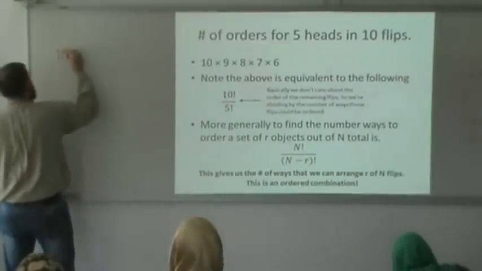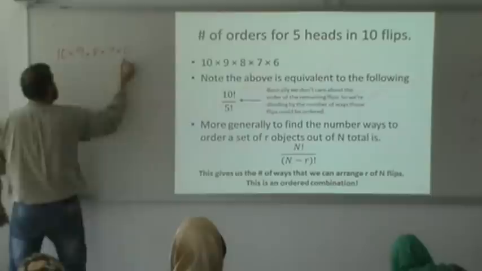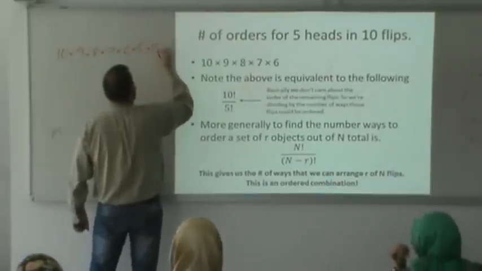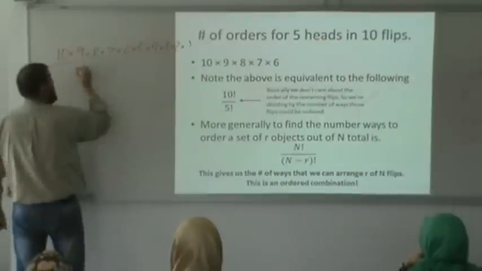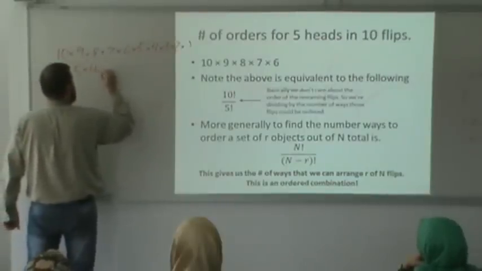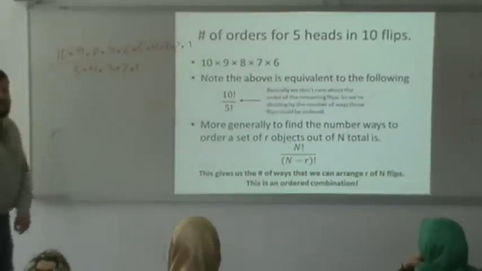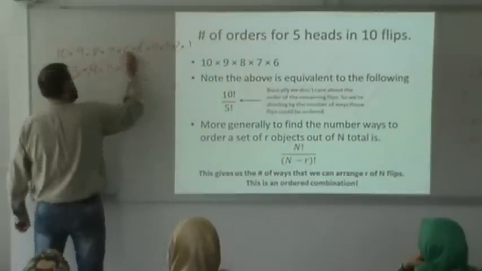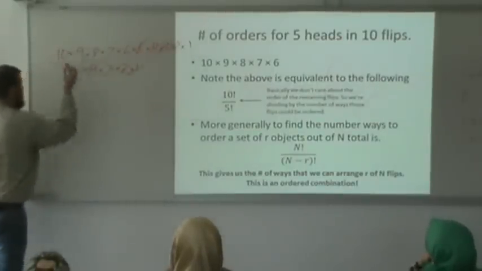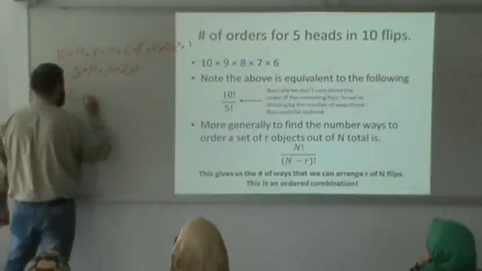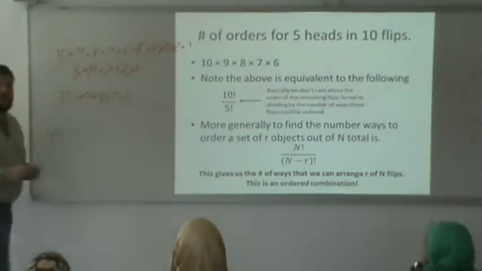All right, 10 times 9 times 8 times 7 times 6 times 5 times 4 times 3 times 2 times 1, all over 5 times 4 times 3 times 2 times 1. What does that give us? 5's cancel, 4's cancel, 3's cancel, 2's cancel, and 1's they just are. So we're left with exactly what we had before, 10 times 9 times 8 times 7 times 6, right?